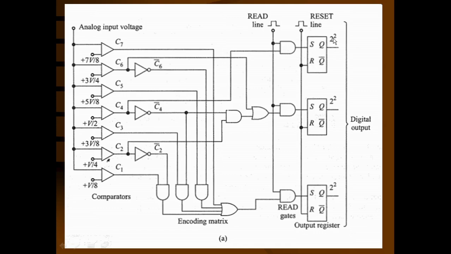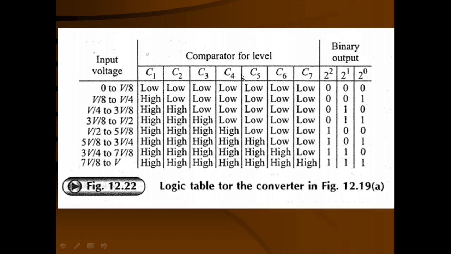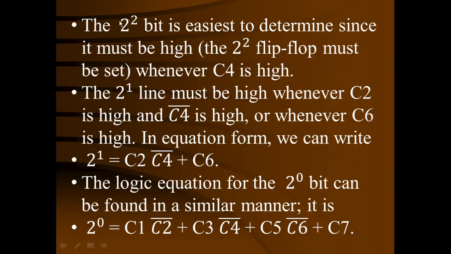Then the 2 raised to 2 bit is 1 because output Q becomes 1, and this bit is high. This way we can understand how to connect this circuitry. The 2 raised to 2 bit is easiest to determine since it must be high. The 2 raised to 2 flip-flop must be set whenever C4 is high.